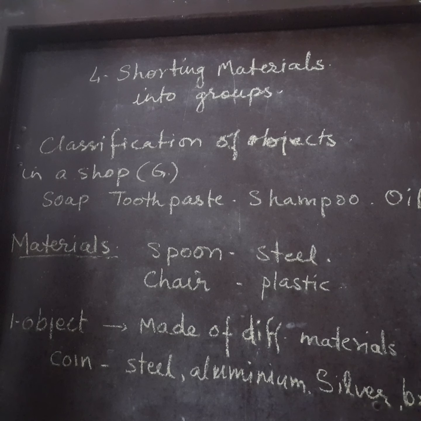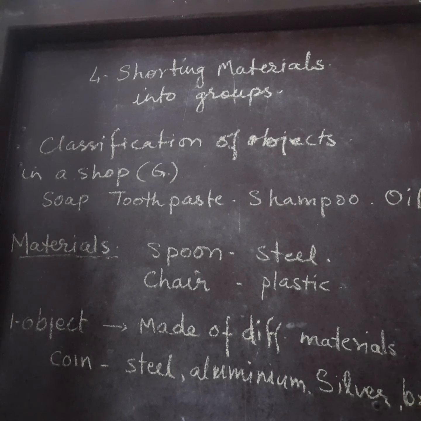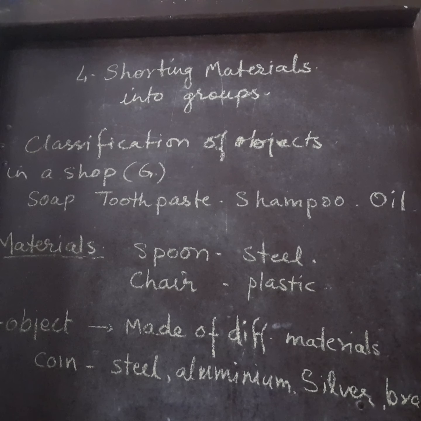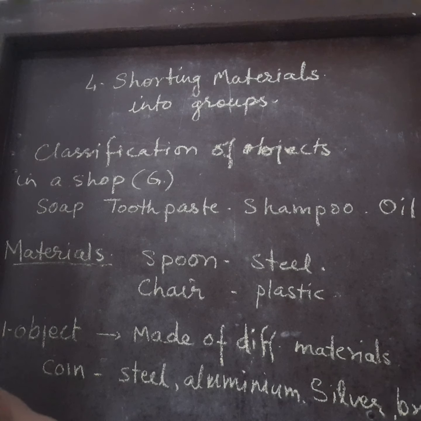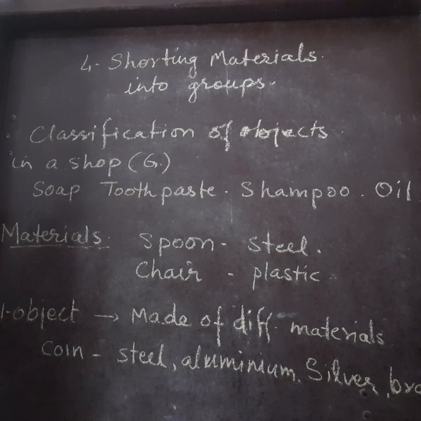Good morning, children. Today we are going to begin with the new chapter, that is chapter 4, sorting materials into groups. This sorting of things begins from home, as you all might be keeping your books and copies on the shelves, bookshelves.